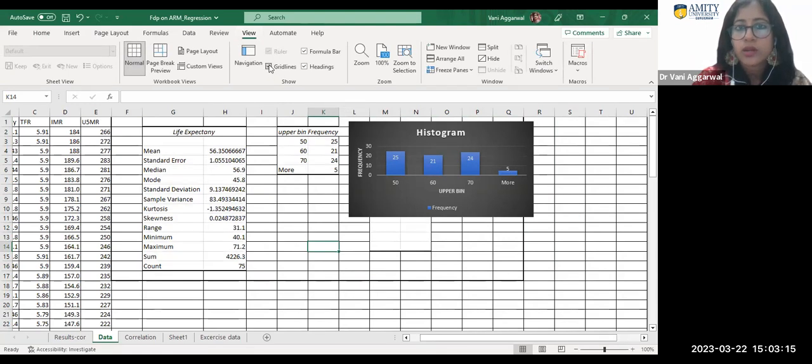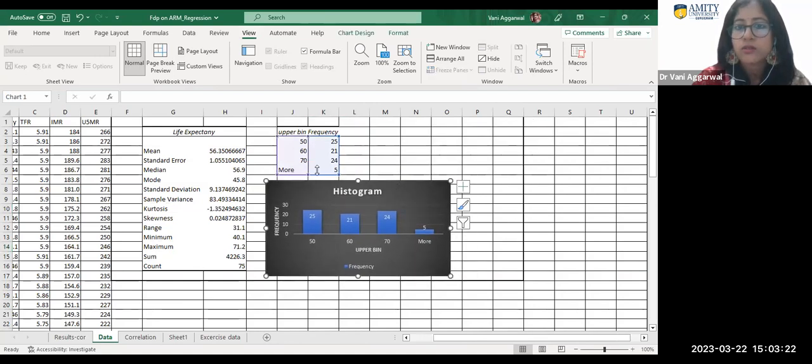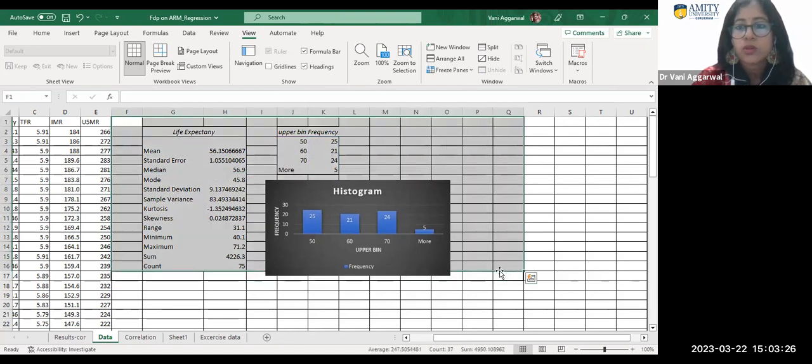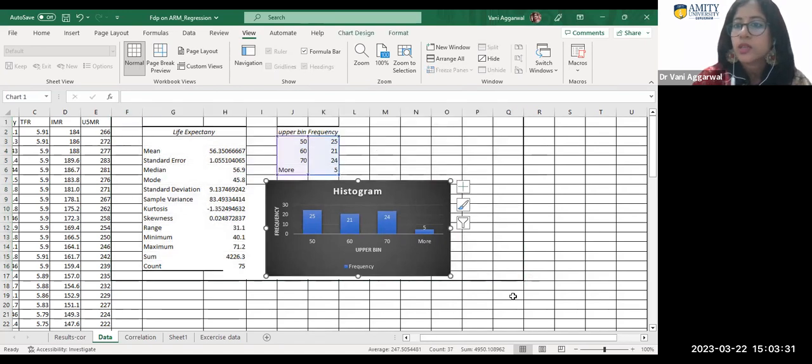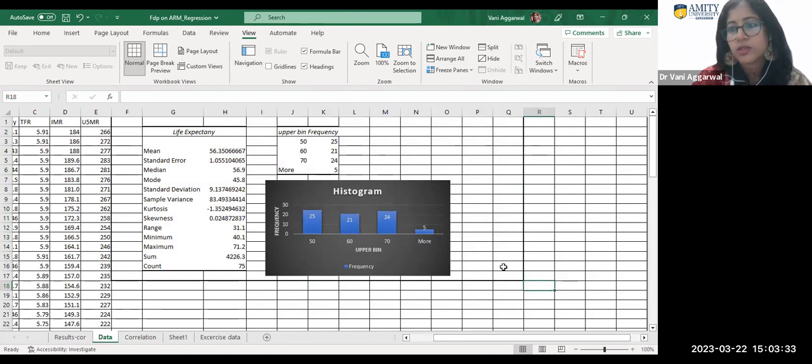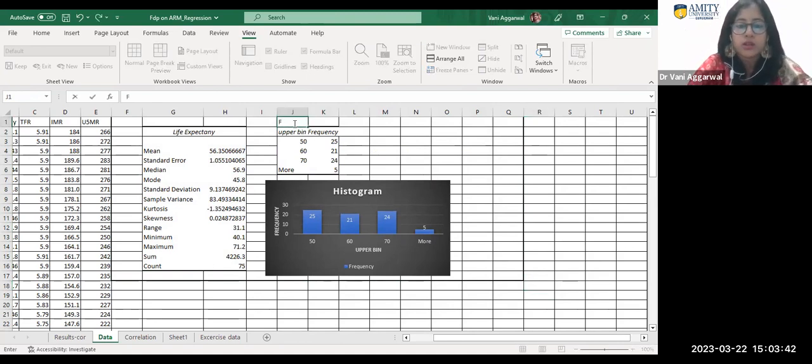You want to add grid lines, remove grid lines, like this. So that's how you can do the formatting. You can explore the features there in Excel, right? The main objective is to teach you how to draw a histogram, and this frequency table is automatically generated. You can write here also frequency table.